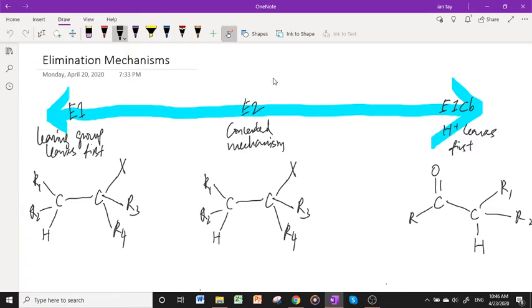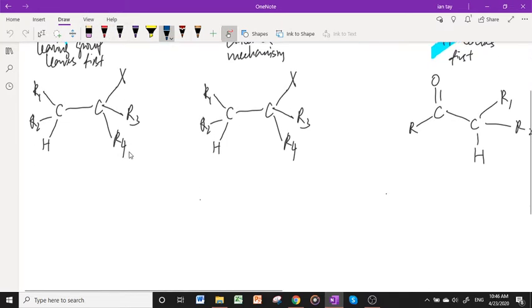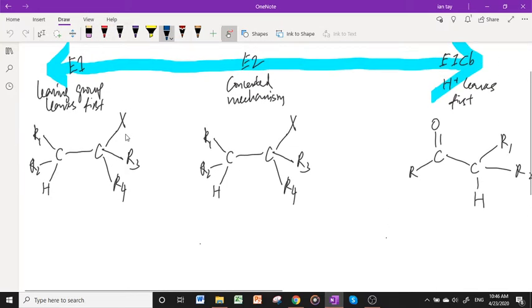So what do I actually mean? Let us first take a look at the mechanisms of these reactions. Let us first take a look at E1. What is the mechanism for E1 in the first step, which is the slow step, the rate determining step?